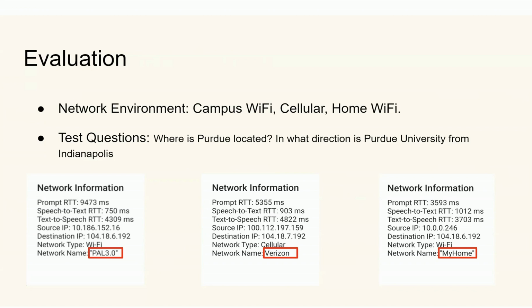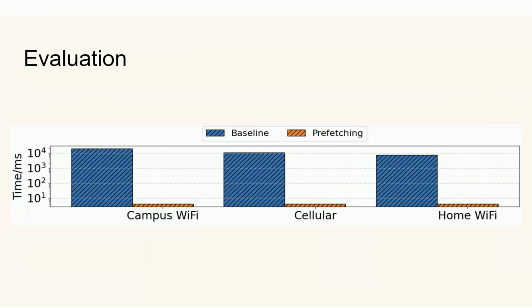As you can see in these three figures, different network conditions will result in a different RTT. In this figure, we show that without and with the prefetching technique, the performance of our application will be seriously affected. With our prefetching technique, the performance will be significantly improved by around 1,000 to 5,000 times.